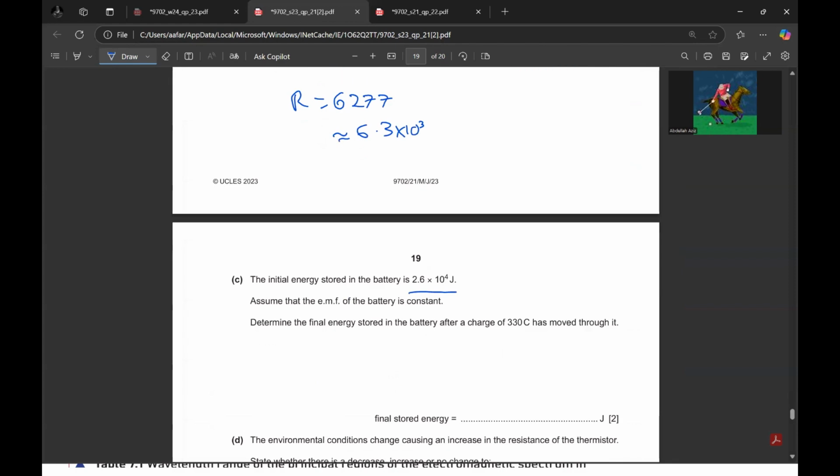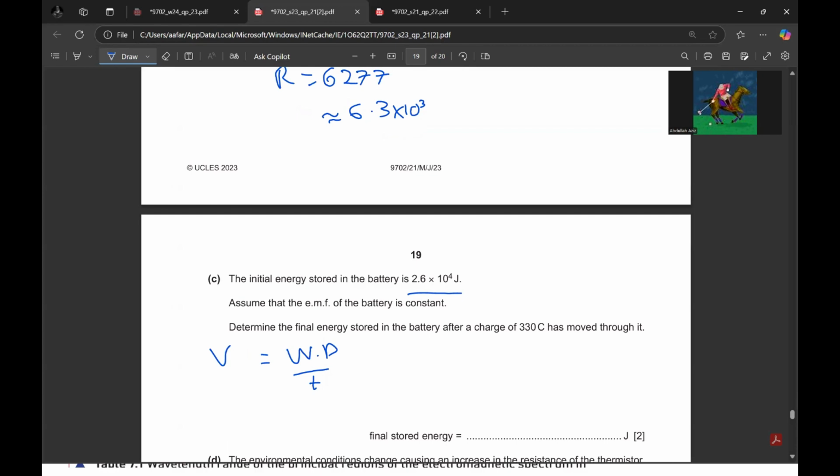So we know that potential difference is basically the work done over charge, sorry, work done over charge.